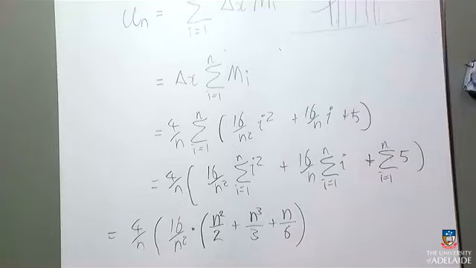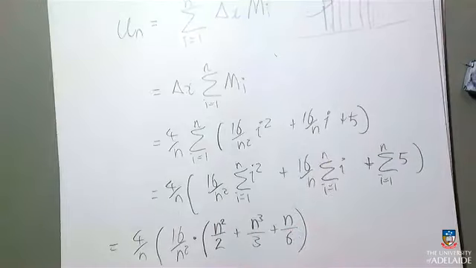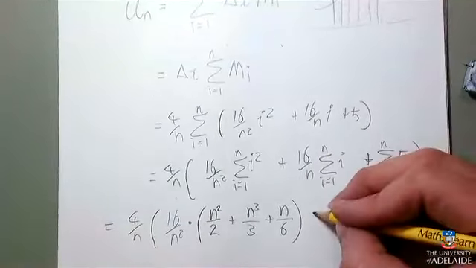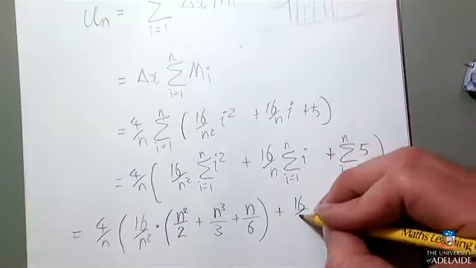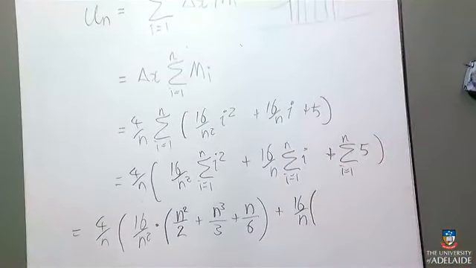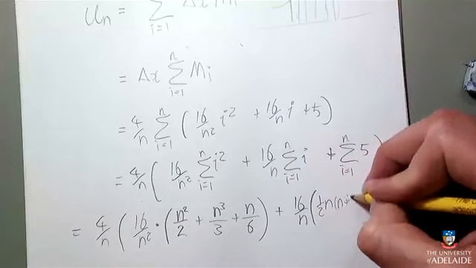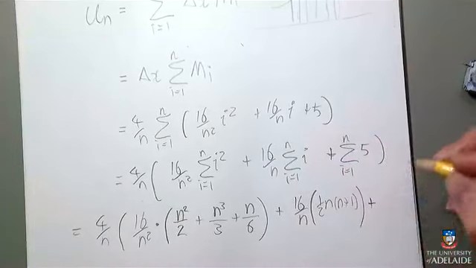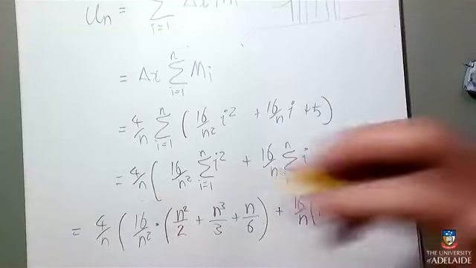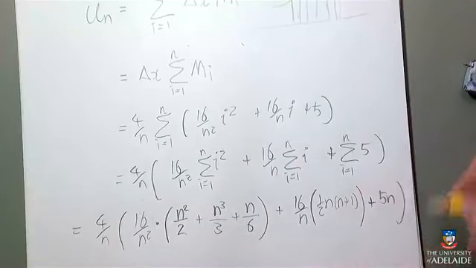So it's n squared that goes with the 2, and the n cubed goes with the 3, and the n is the last one. What's the sum of i? It's a half of n times n plus 1, and I'm just going to leave that there. And the sum of n lots of 5 would be n lots of 5.